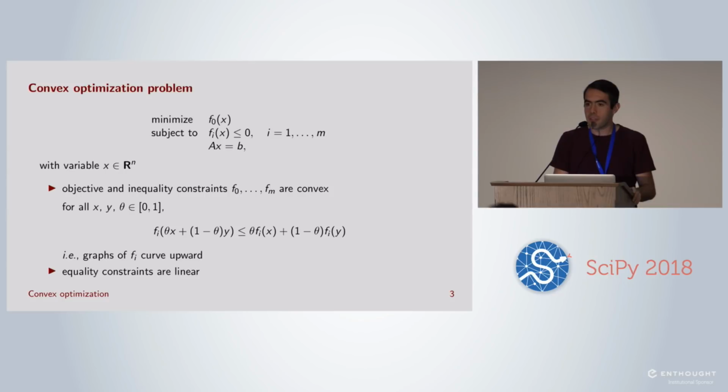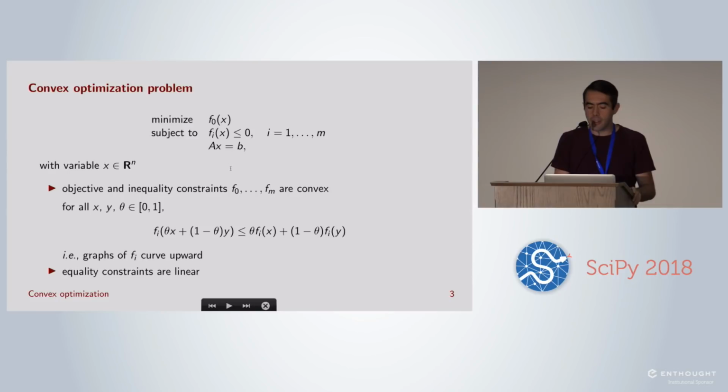A convex optimization problem has the following form. You have some variable x that you're solving for, some decision variable, and you have an objective function that, let's say, you're minimizing, f naught. You have inequality constraints where these functions fi of x are less than or equal to 0, and then you have linear equality constraints.